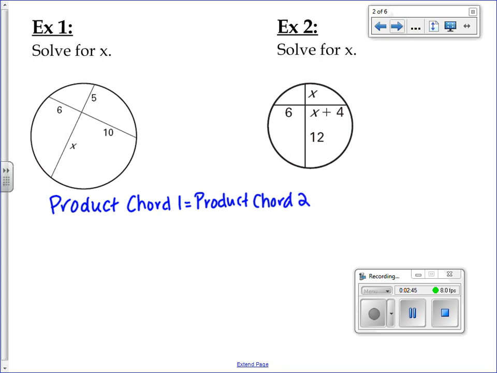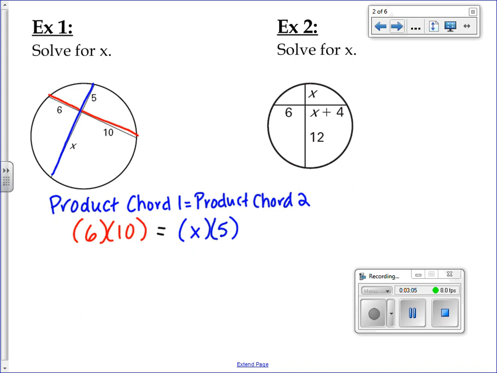So it doesn't matter which chord you start with. Let's say I start with this one here that consists of 6 and 10. I'm going to multiply those two parts together, and I'm going to equal it to the other chord that consists of X and a 5.